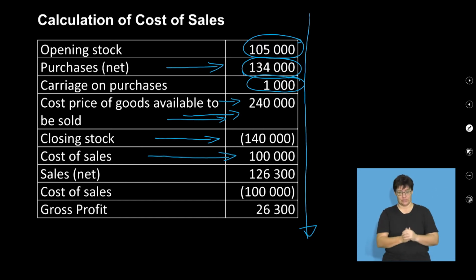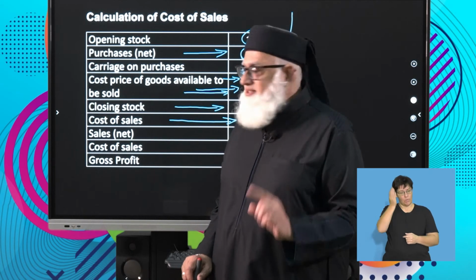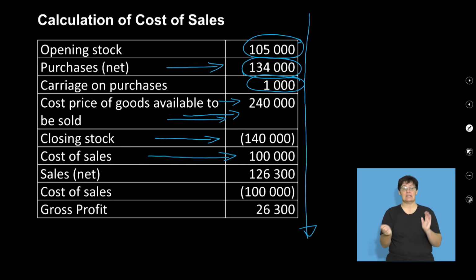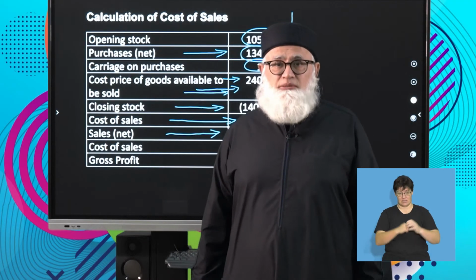Okay, continuing with my calculation. If I now am asked to calculate the gross profit, I know that my gross profit is what? It's my sales. Again, when we say net sales, what are we referring to? It is sales less debtors' allowances. Another examination tip for you.